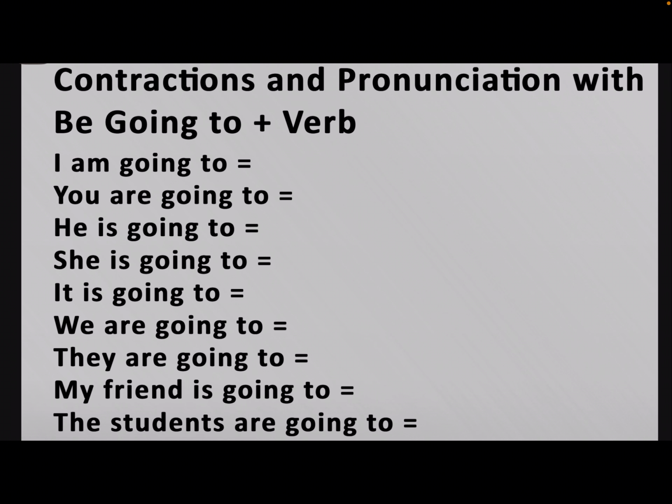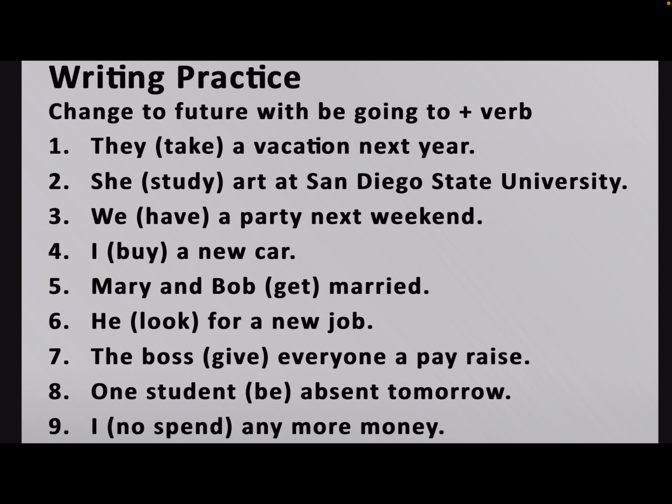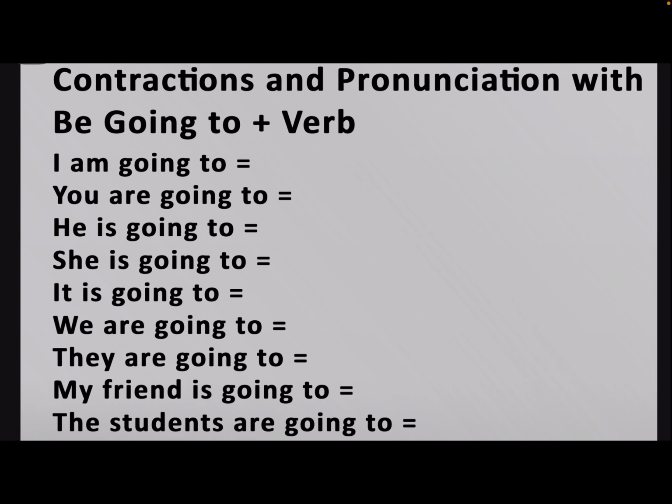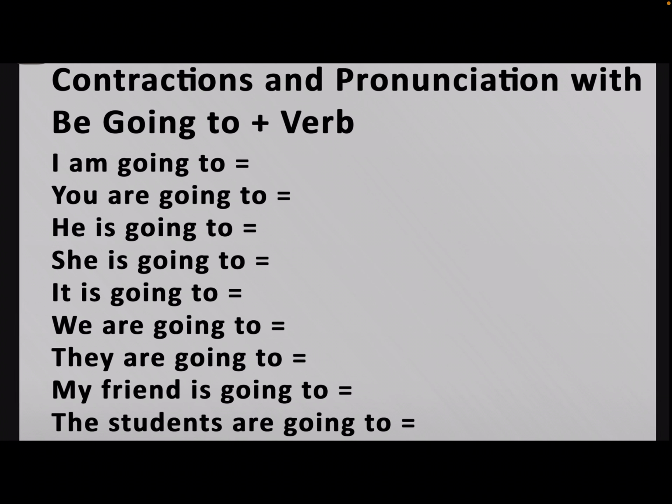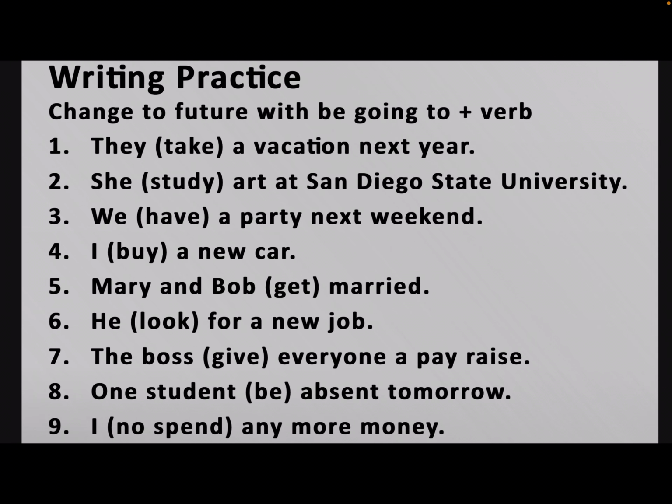Let's look back here and see. So here, she is going to, okay? So she is going to study art at San Diego State University. See how easy that is? Let's look at they. Here it is: they are going to take a vacation next year. Pretty easy.